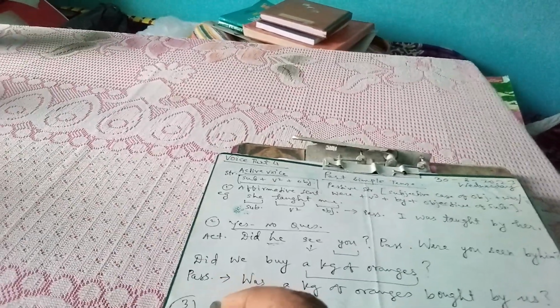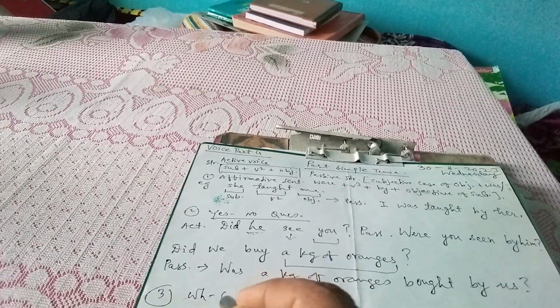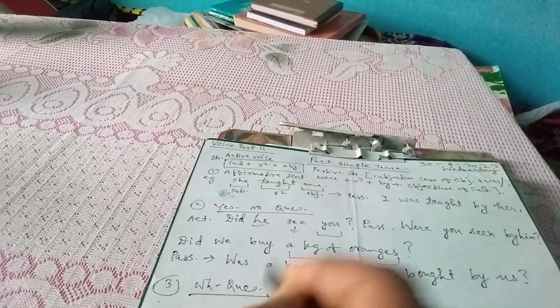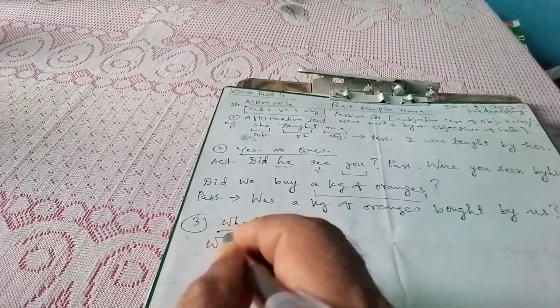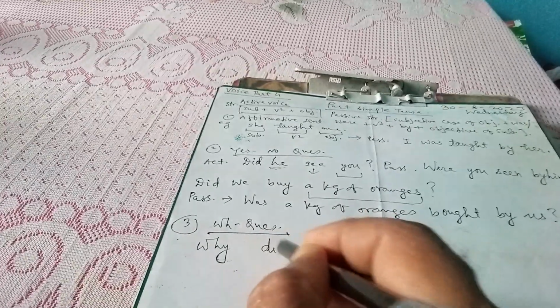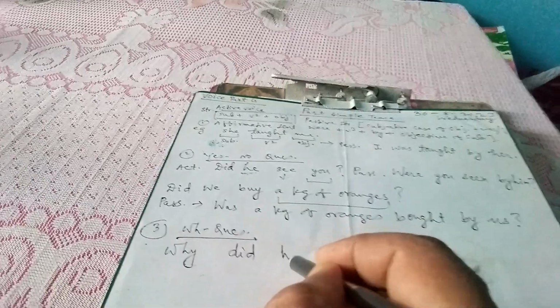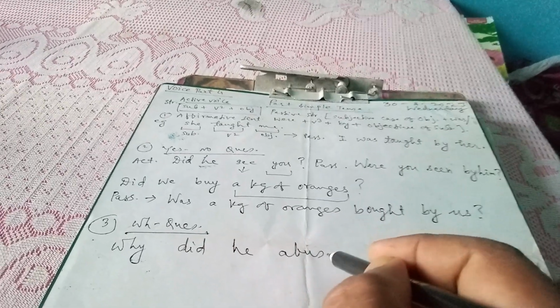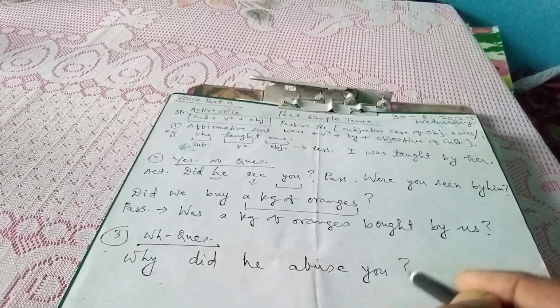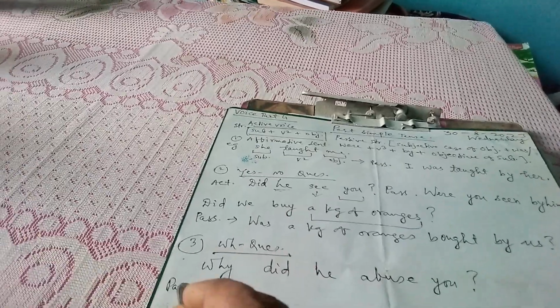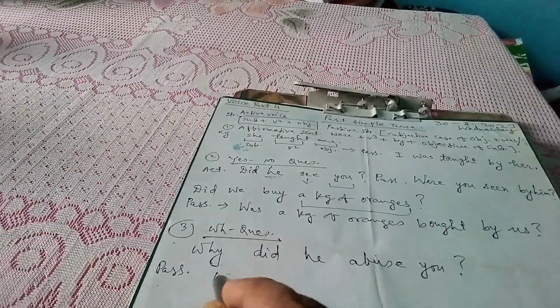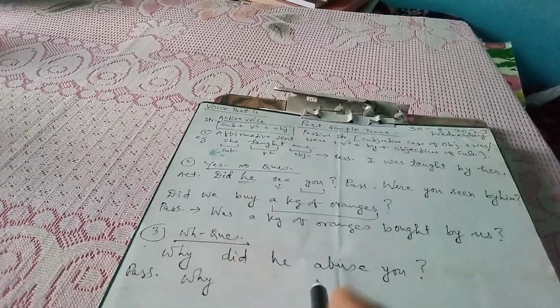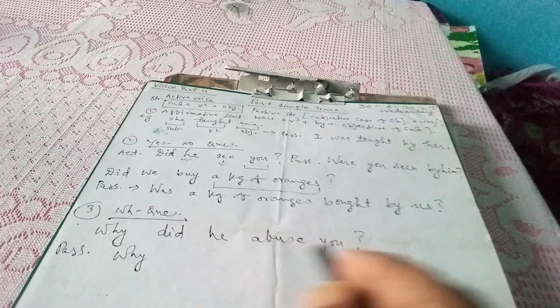Now third is WH question. So in this you see we are writing, why did he abuse you? So we have to make it passive. So this WH word we have to write, and after that was or were we will use according to the subject.